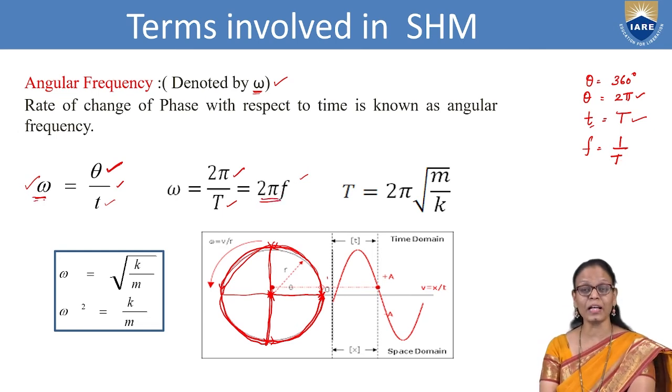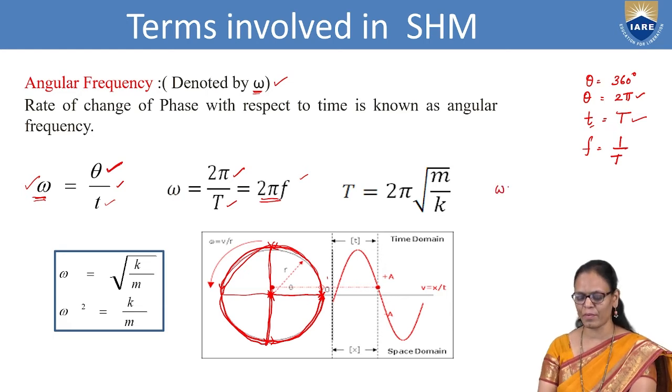So, now omega, the general formula is theta by t. And for one complete oscillation, we are writing it as 2 pi upon capital T or 2 pi f. Now, the time period T is given by 2 pi under root m by k. Now, we will substitute it in this formula and get the formula for omega.